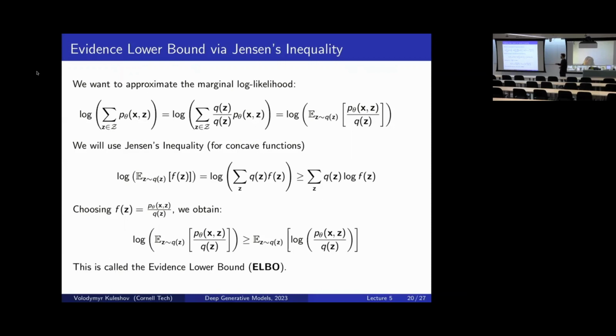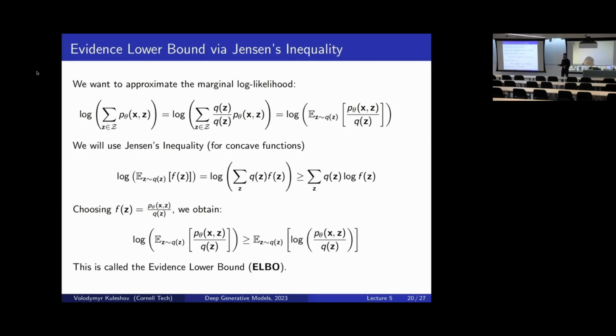And although in most cases we're not going to be able to optimize the actual marginal likelihood, we will almost always be able to optimize, in fact, maximize a lower bound on the objective. And if we can maximize the lower bound, then in some way, we're also maximizing the actual objective.